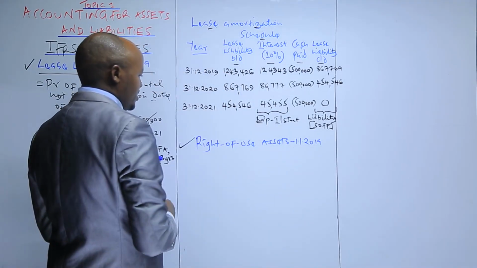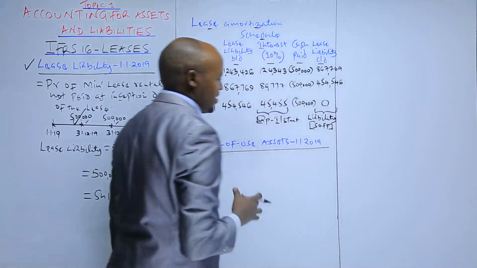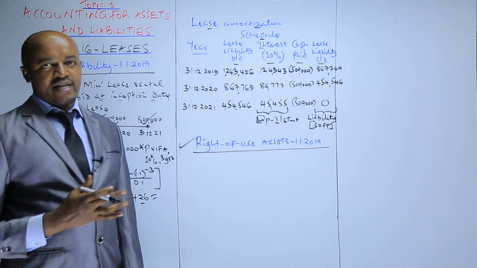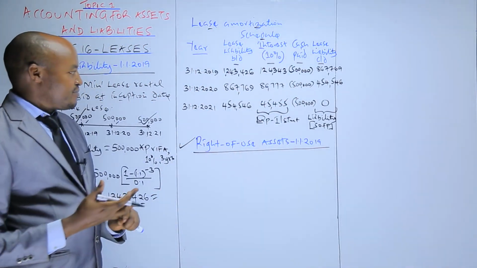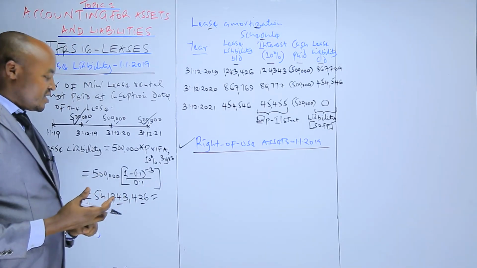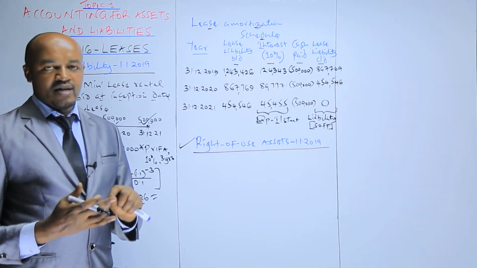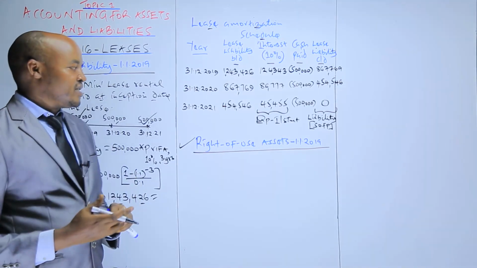Remember, we have said that we determine it by adding three items. One, the lease liability at the inception date of the lease. Remember, you have already determined the lease liability at the inception date of the lease. To that, we add any payment which was made before or at the commencement date of the lease.